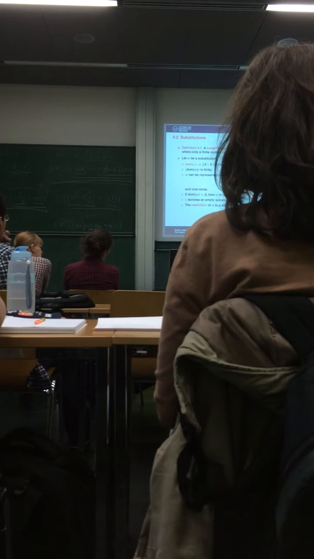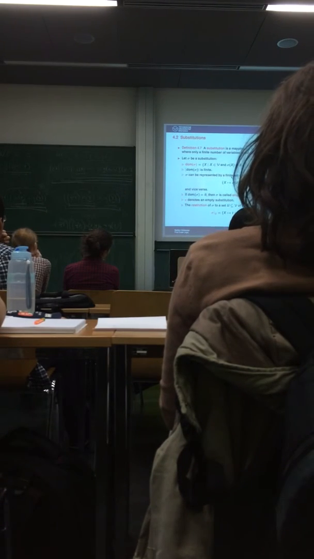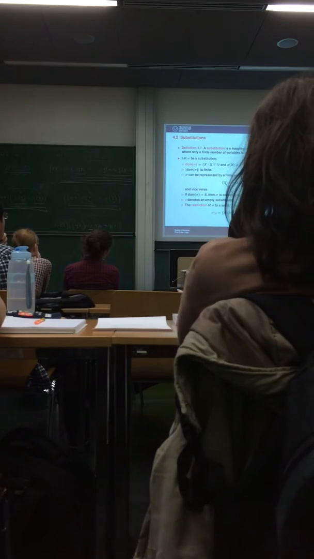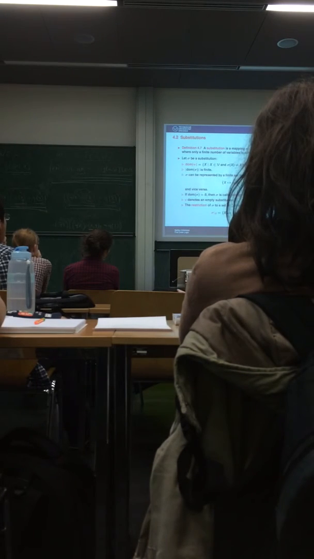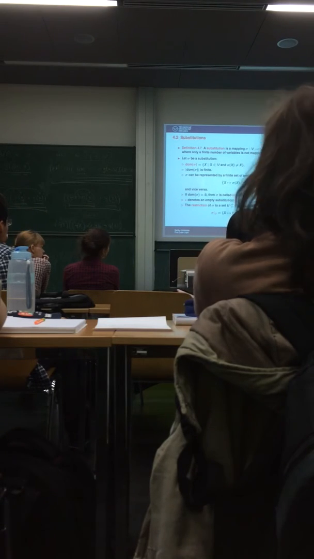But now, because of this condition, we can represent substitutions by a finite set of pairs of the form x is mapped to sigma of x, where sigma of x, of course, is not x itself. So we only store the pairs where a variable is not mapped onto itself. This is a finite set, and this is how we do it.